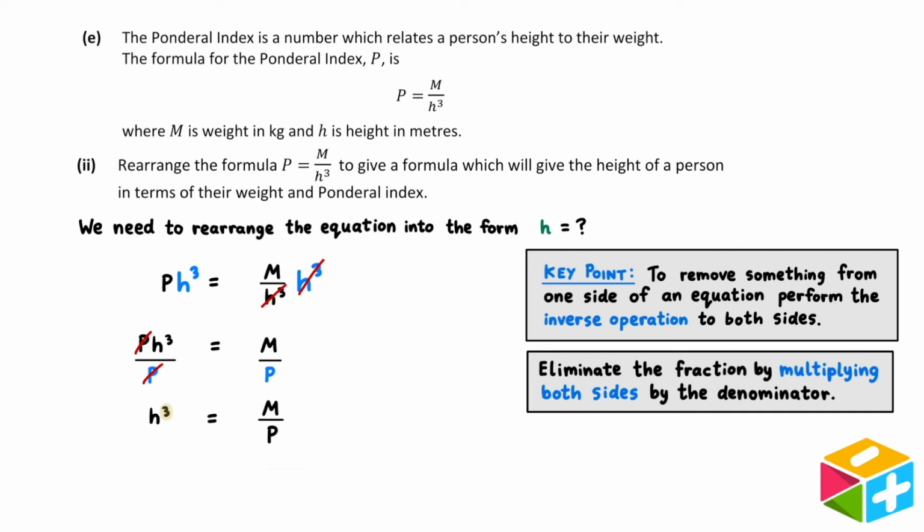Now, we'll need to remove the power of 3. The inverse of a power of 3 is a third root. So here, we should find the third root of both sides.